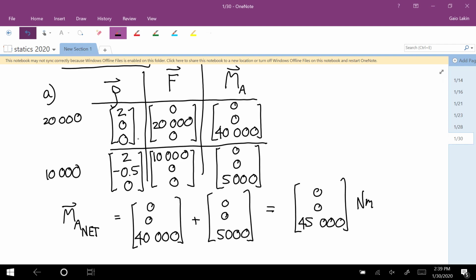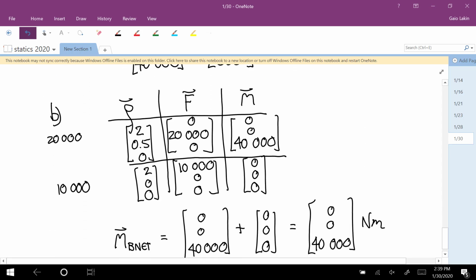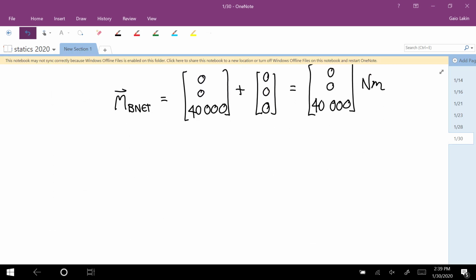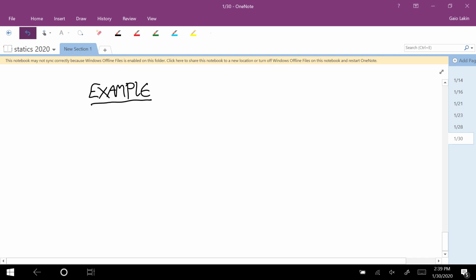Okay, let me do a 3-dimensional example. So let's say we have this plate.